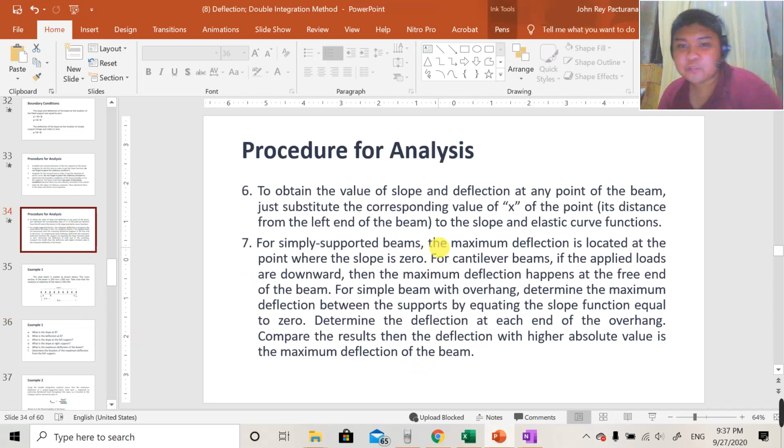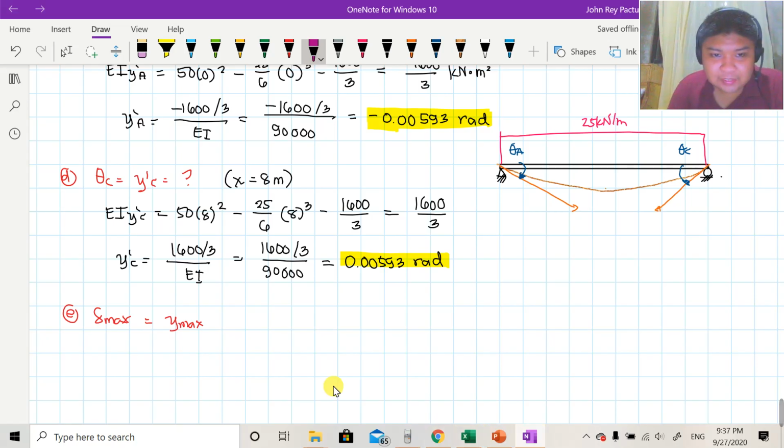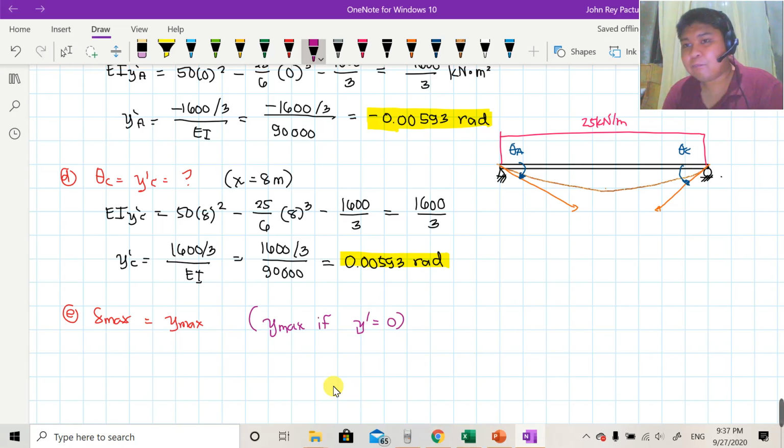For simply supported beam, the maximum deflection is located at the point where the slope is 0. So, sa madaling sabi class, Y max, if ang y prime natin ay 0. Parang sa shear and moment lang class, di ba? Ang point of 0 shear is the point of maximum moment. So, ganun din dito. The point of maximum deflection is the point of 0 slope.